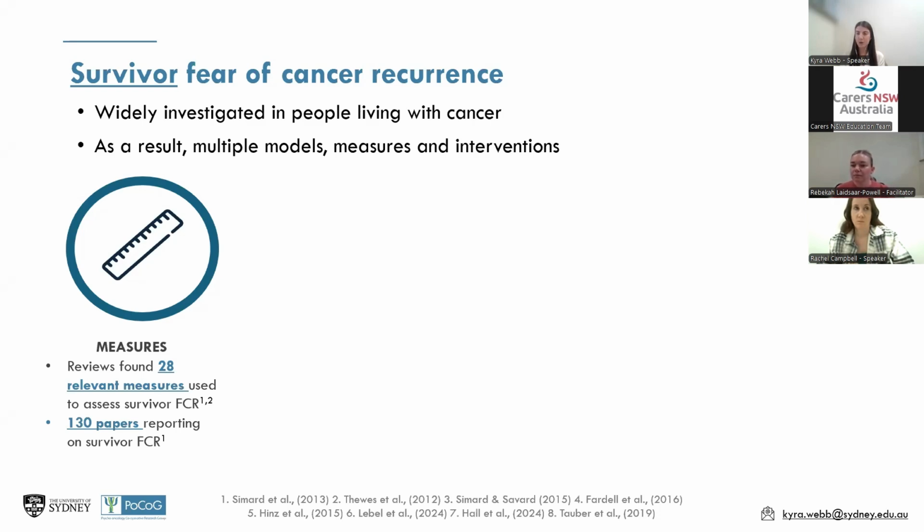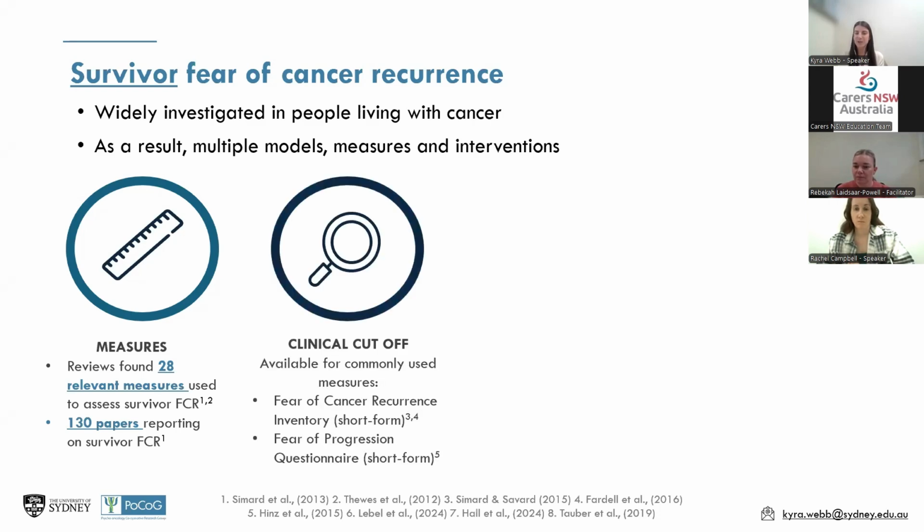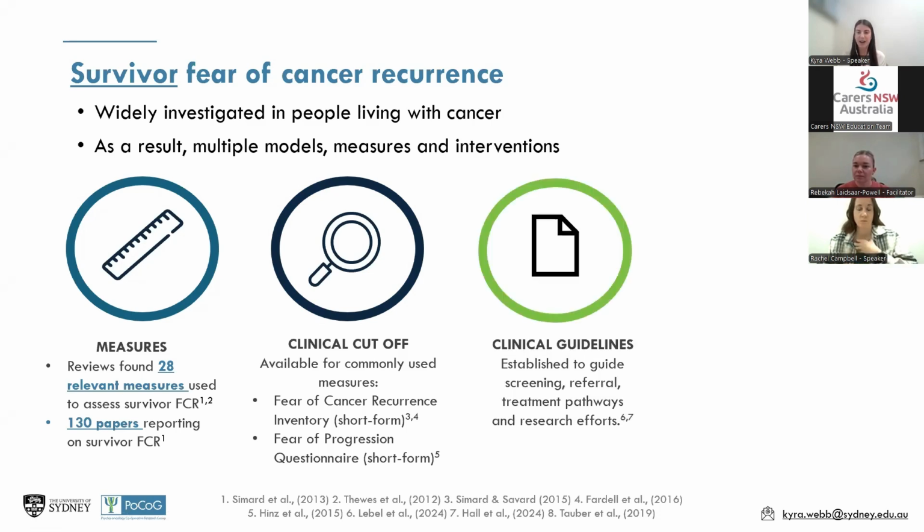In two of the core reviews that were conducted, there were more than 130 papers, and that was over 10 years ago. So a lot of literature in this space. As a result, we have clinical cutoffs to identify those that are experiencing really high levels of distress and worry. We also have clinical guidelines which have been established to guide screening and referral to different treatment pathways, and have really guided research efforts in this space.